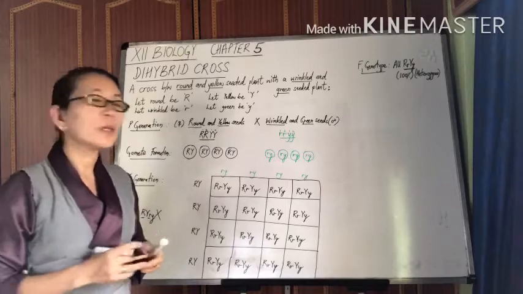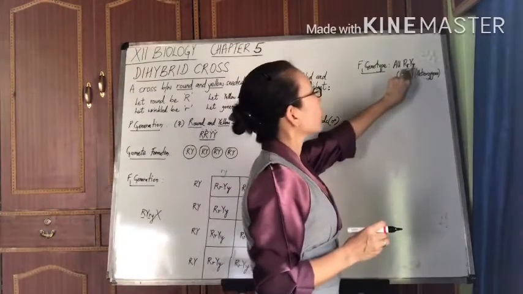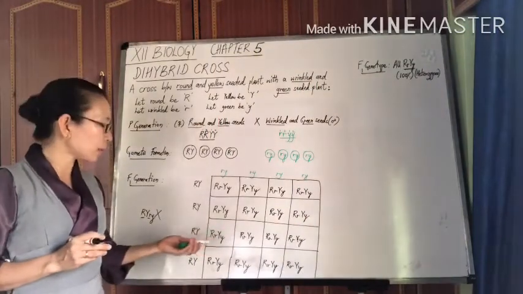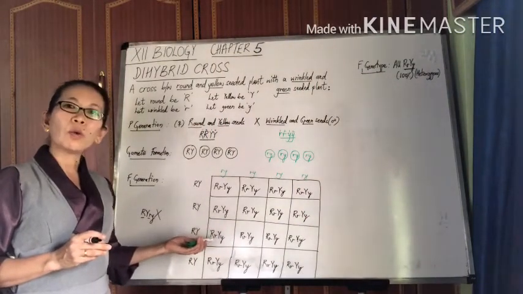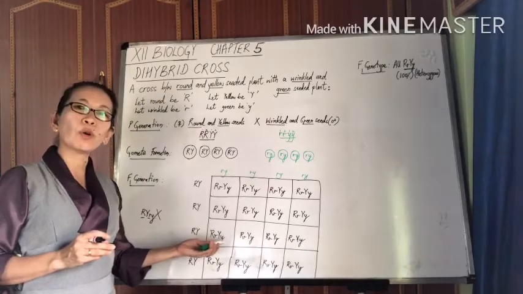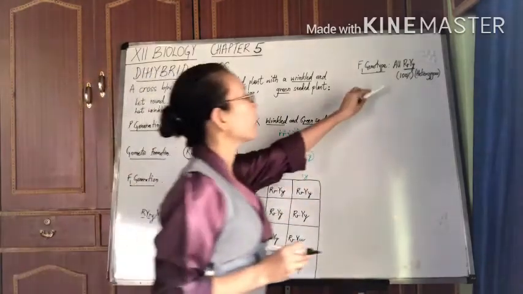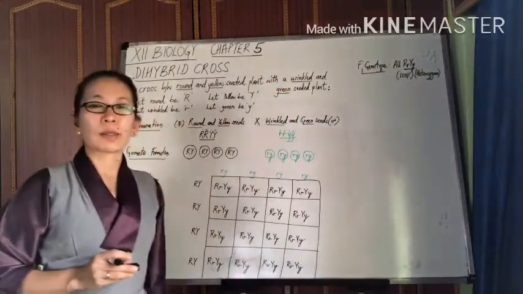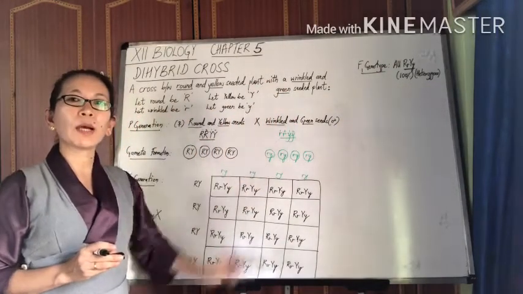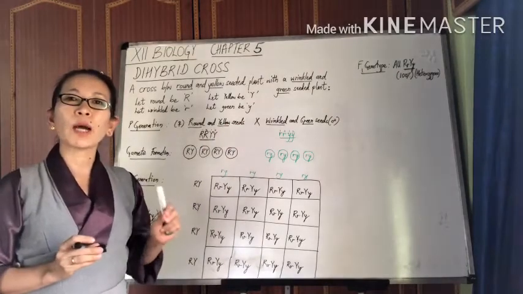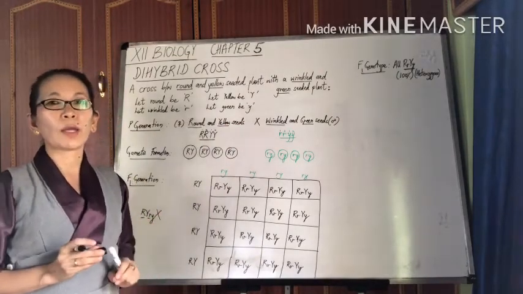Why dihybrid? Because they are heterozygous for two traits. The plant here is heterozygous for round as well as heterozygous for yellow, and because it is heterozygous for two traits, it's called a dihybrid plant. So we obtain a dihybrid plant whose genotype is always capital R, small r, capital Y, small y.